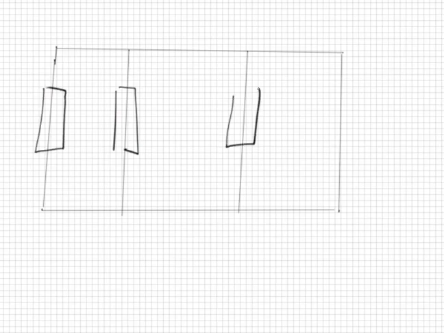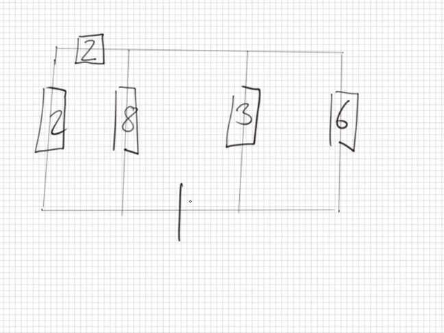So here, there's a resistor here, here, here and here. 6, 3, 8, 2. There's one here, 2. There's a battery here, 11. There's a battery here, 7. And there's a battery here, E.